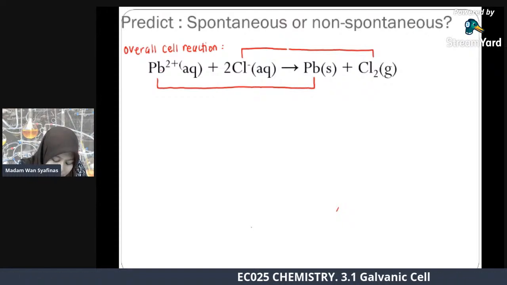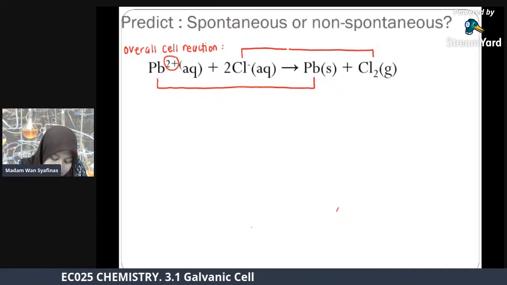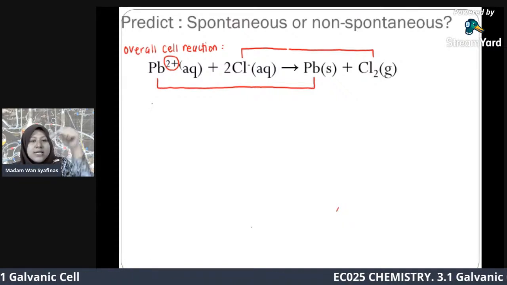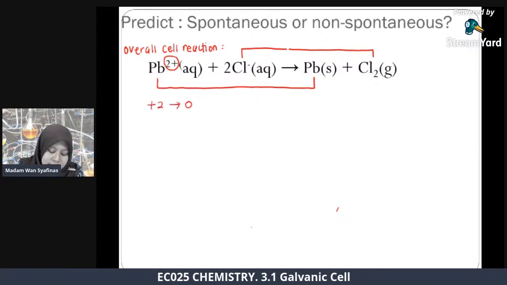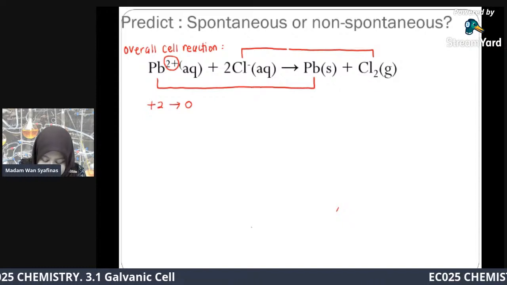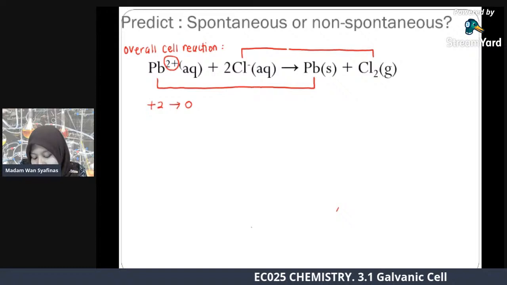Kalau oxidation number, maksudnya positif 2, kepada Pb solid nilai dia adalah kosong. So positif 2 kepada kosong maksudnya dia decrease oxidation number. Kalau dia decrease maksudnya dia akan undergo reduction. So reduction occur at cathode. So yang ni kedudukan untuk cathode.